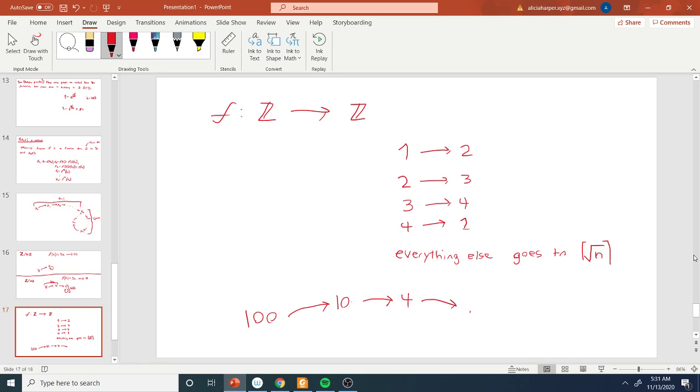But then 4 goes to 1. 1 goes to 2. 2 goes to 3. 3 goes to 4. So this part right here is the tail, and this part right here is the cycle. So even though I rigged this up to work a certain way, this phenomenon does occur in generality.